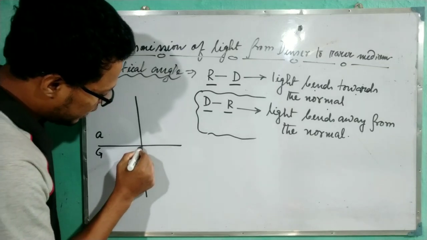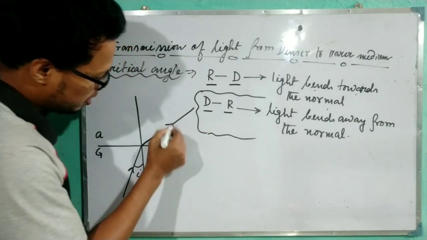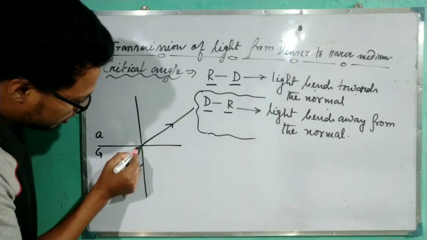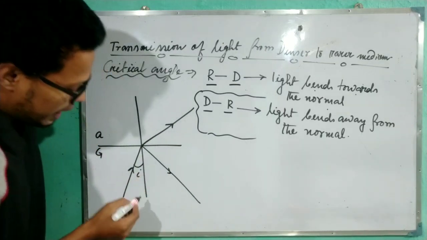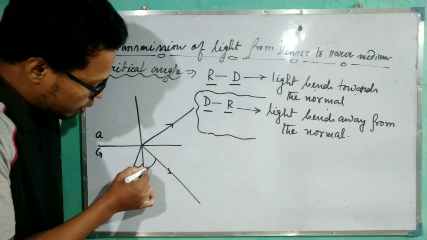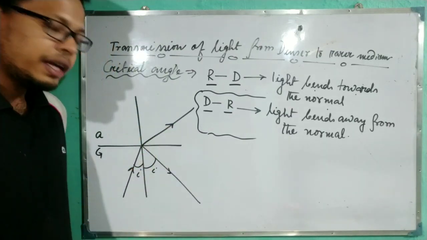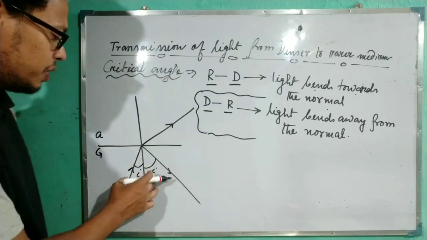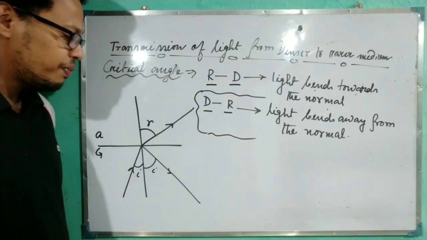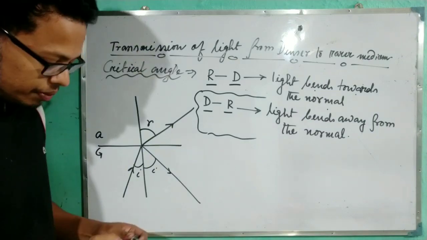The ray bends away from the normal, but there will be some reflection also. So this is the reflected light, which will obey the law of reflection, means this angle will also be I, I equals R, that's why I have written here I. And here this R is called the angle of refraction.